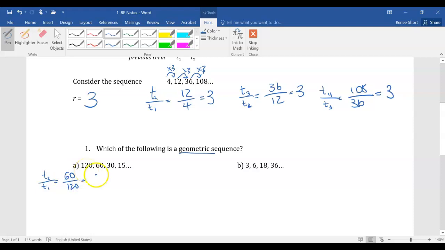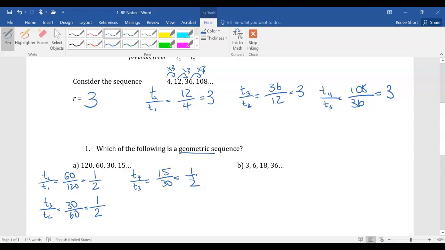Hopefully you agree that 20 goes into 60 three times. If I do the same thing, T3 over T2, I've got 30 over 60, they're both divisible by 30. 30 goes into 30 once, into 60 twice. So again, I've got an r value of a half there. And if I check the final pair, T4 over T3, I get 15 over 30.